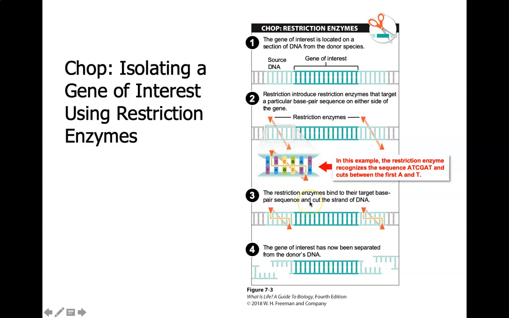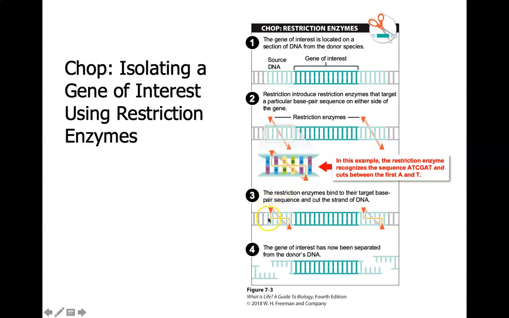That sequence can be anywhere from 4 to say 8 or 10 DNA base pairs long. And every time it sees that specific sequence, and only that sequence, it makes a cut. Now, restriction enzymes make a variety of different cuts, but in any case, it's going to make a cut at a very specific sequence.